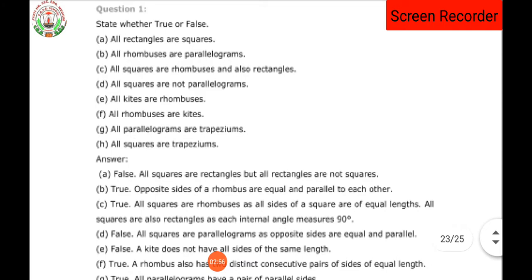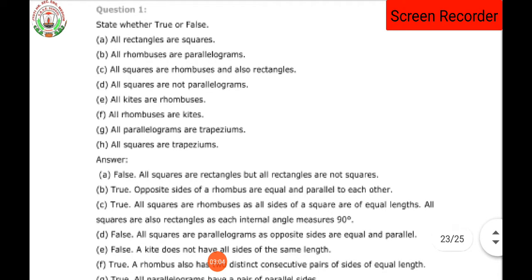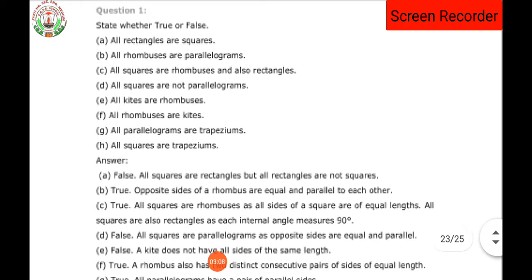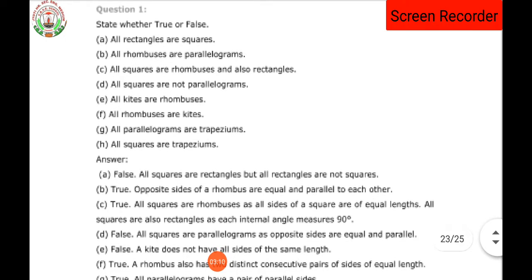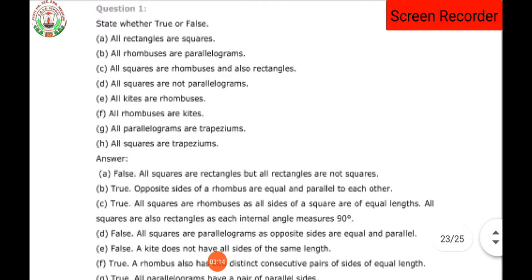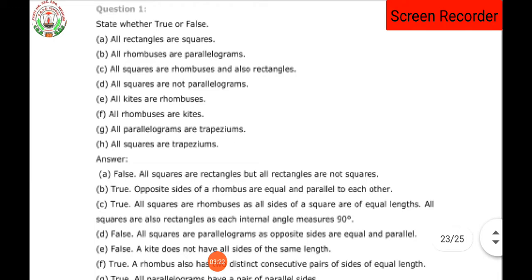Also a square is a rectangle as each internal angle measures 90 degrees. The four angles of a square are 90 degrees each, and in the same way a rectangle also has all four angles equal to 90 degrees. That's why the statement is true.